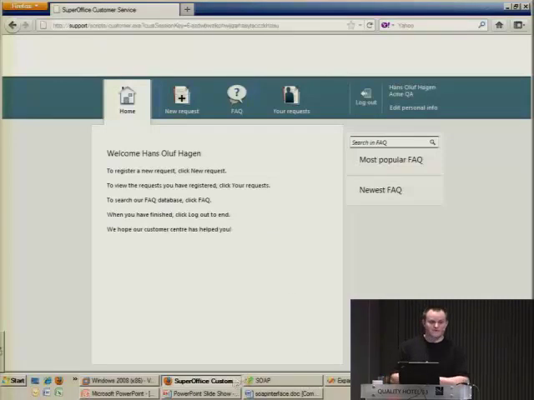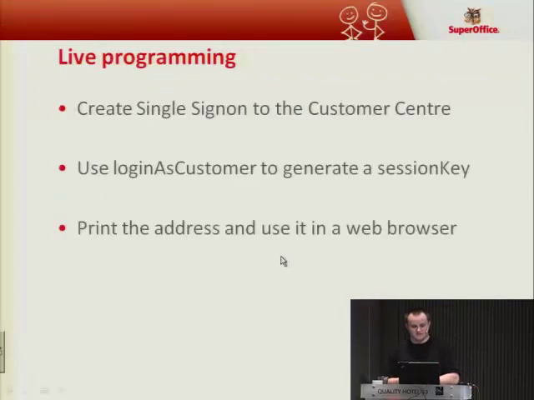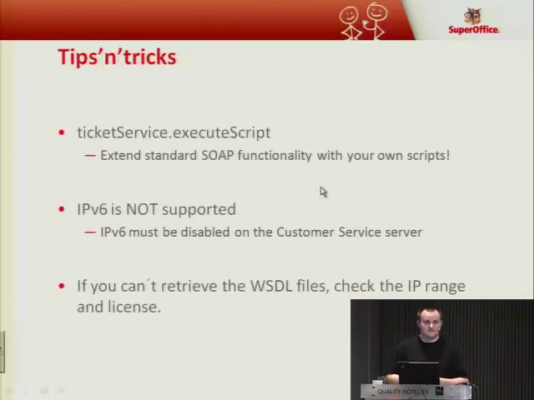There are some few tips and tricks that you might be aware of. I mentioned previously that we don't support IPv6, and it's going to crash if you try. But we have something else. On the ticket port, we have a method called execute script. This allows you to extend the standard SOAP functionality if you want to.